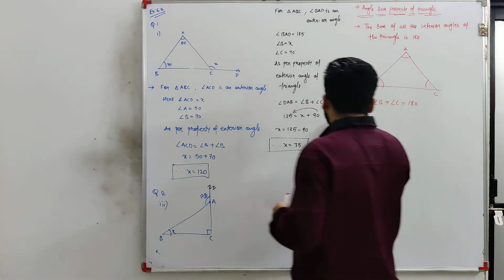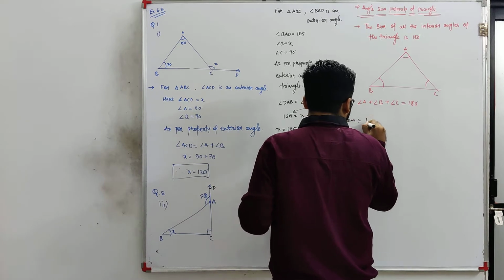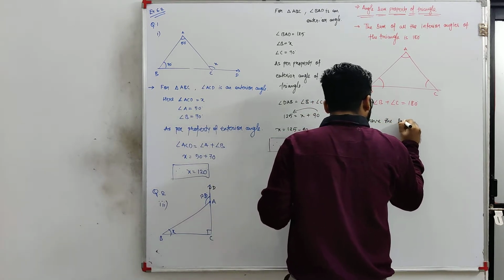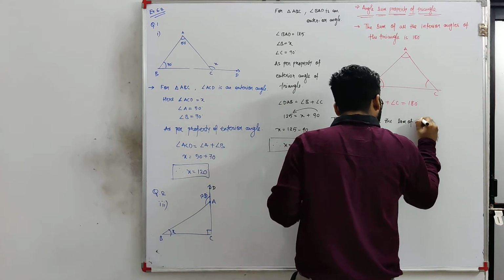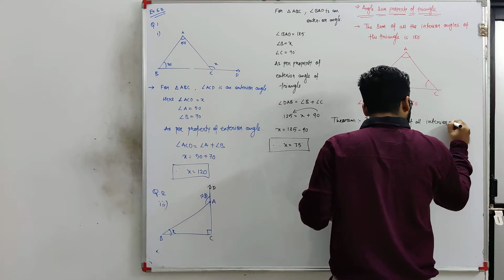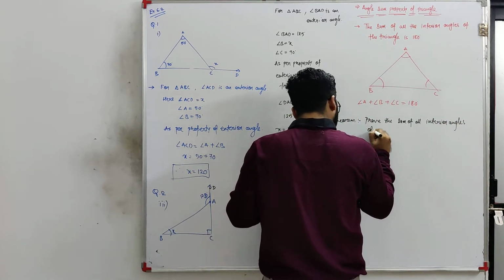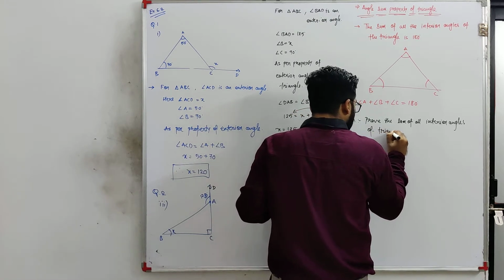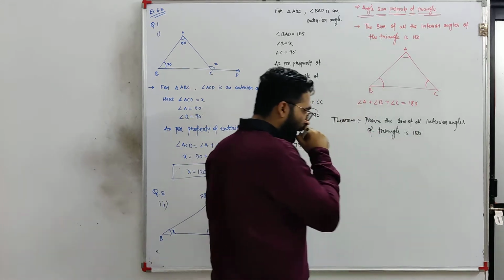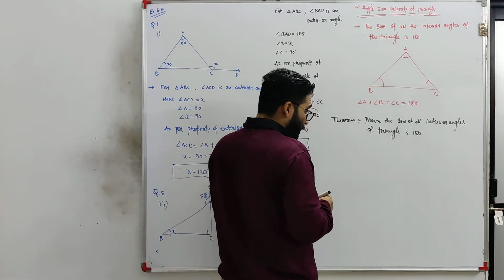So my theorem is: prove that the sum of all interior angles of a triangle is 180 degree. So how to prove? Here I am starting to prove.